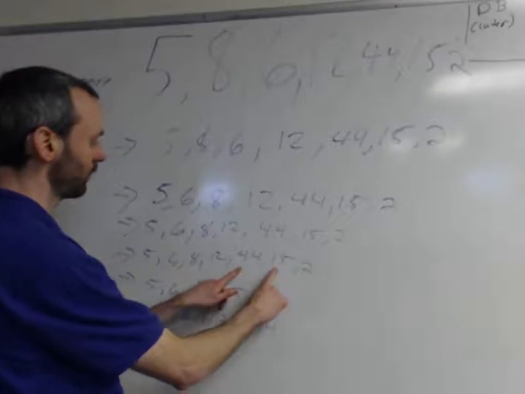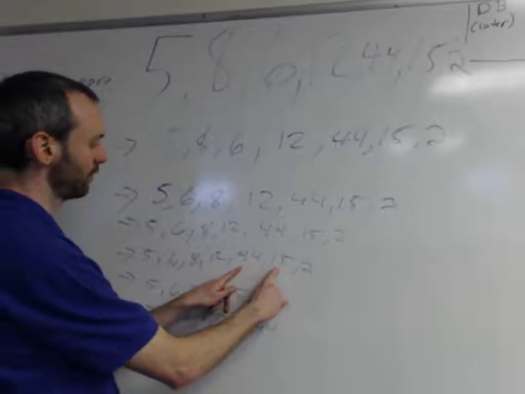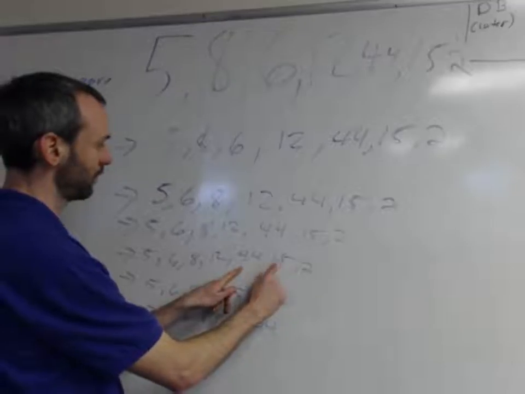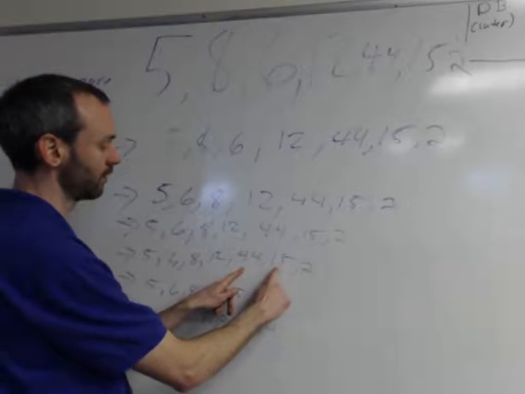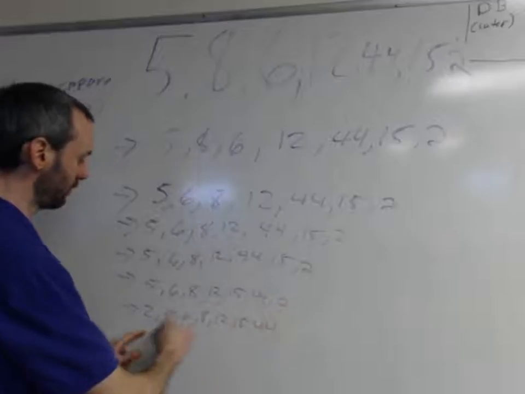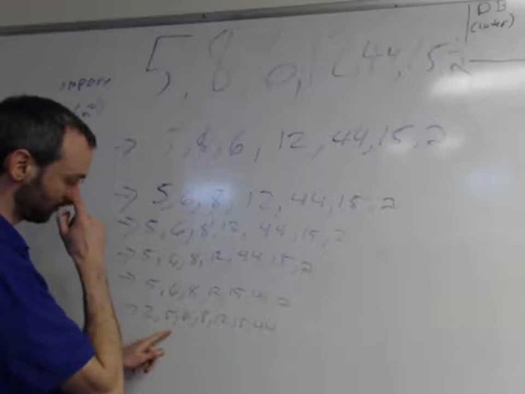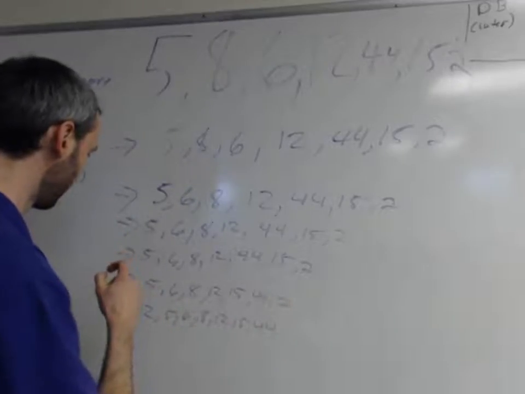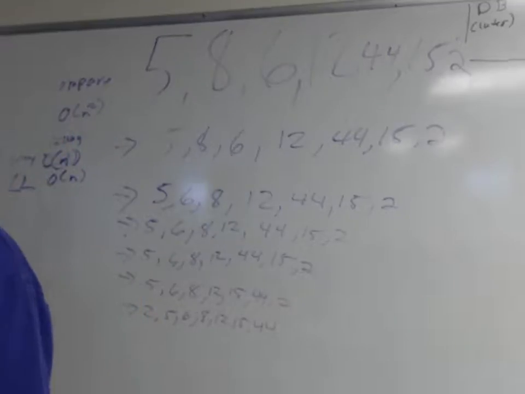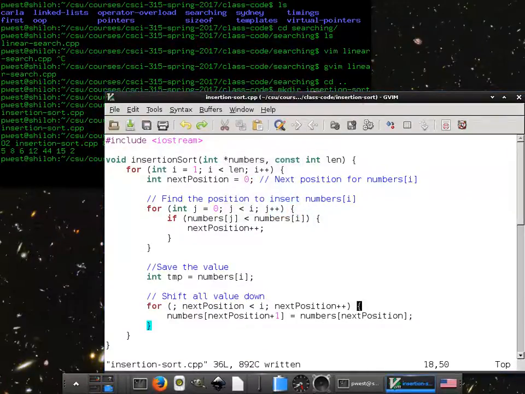So for here we're at the 44, we move the 44 over. If we were here at the 2, we'd move the wait, no, hold on, we did that backwards. Oh, that's bad. We need to do it the other way around. Wow, I'm tired.